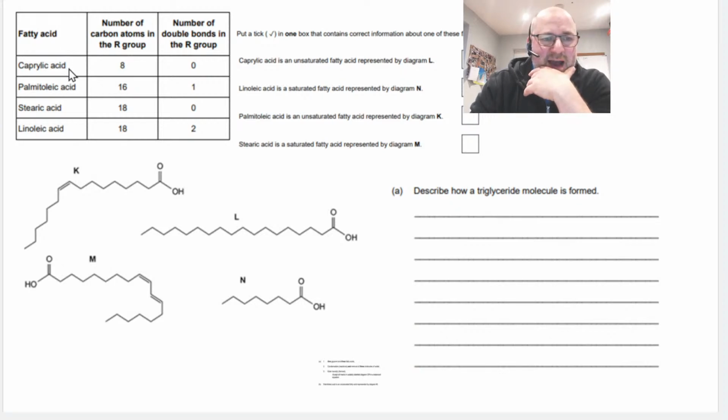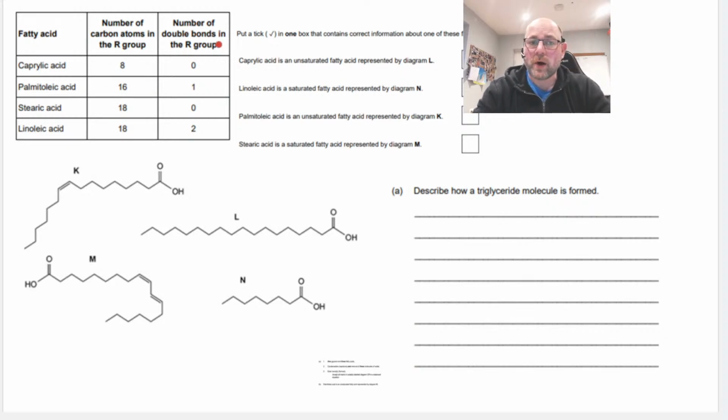Nearly finished. Fatty acids: caprylic acid, palmitoleic acid, stearic acid, linoleic acid. There are 4 different fatty acids. The table says the number of carbon atoms in each: 8, 16, 18, 18.